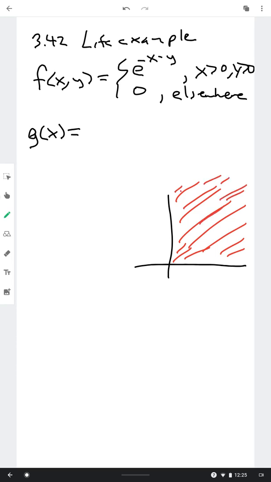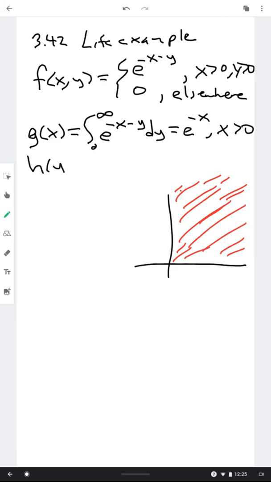Notice that there's no dependence relationship of x on y or vice versa, so that makes life a little bit easier. When I find the marginal distribution of x, I just integrate over all the y, from 0 to infinity, e to the negative x minus y dy. And that gives me e to the negative x for x greater than 0.